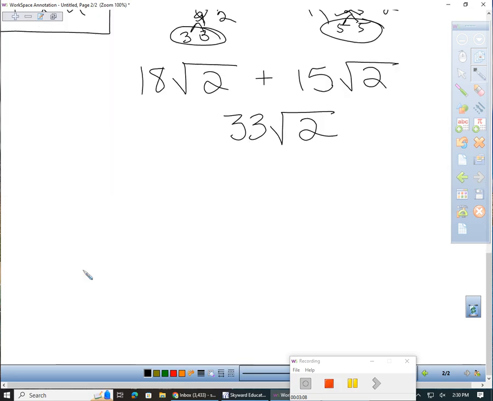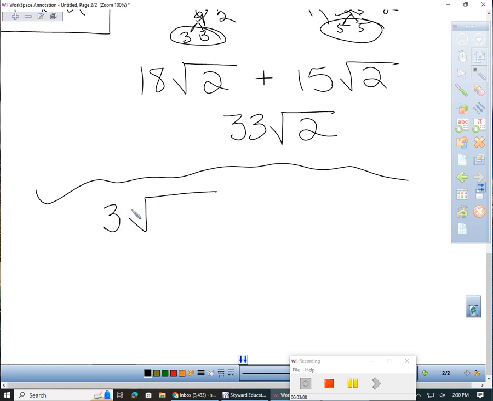What if you got something like this? Let's say I got 3 cube roots of 81 plus 2 cube roots of 54. Okay, so we can't add them together right now.